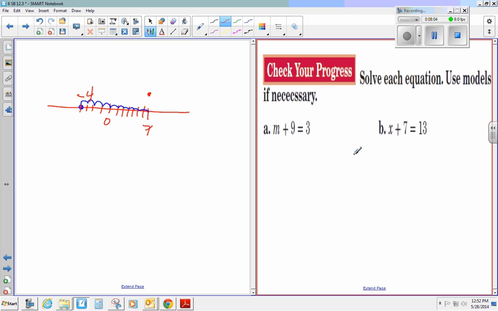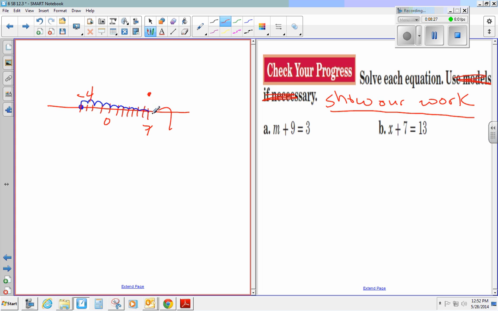All right, let's work these out. Now, we are not going to use models, but we are going to show our work. I'm going to write the equation down. What's being done to the variable? We're plussing 9.